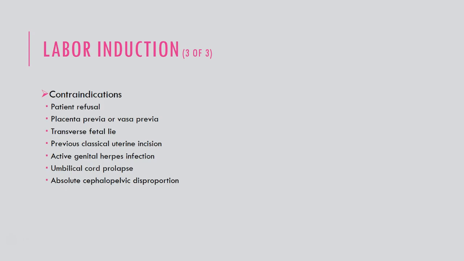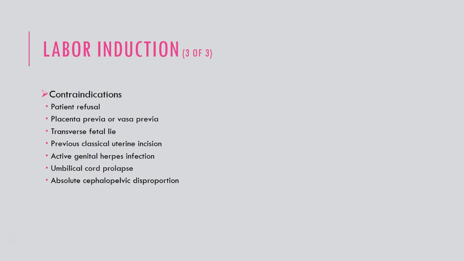People who we would not perform labor induction on would be those individuals who obviously refuse to have it done, individuals who have a placenta previa, babies that are in a transverse lie, people who've had a classical uterine incision because of the potential for uterine rupture, people with an active genital herpes infection, umbilical cord prolapse, or moms who have cephalopelvic disproportion.